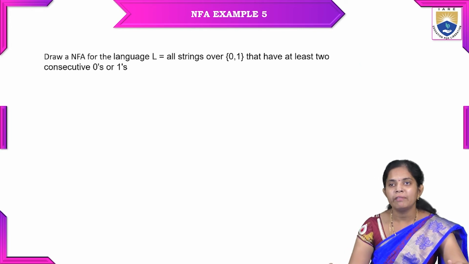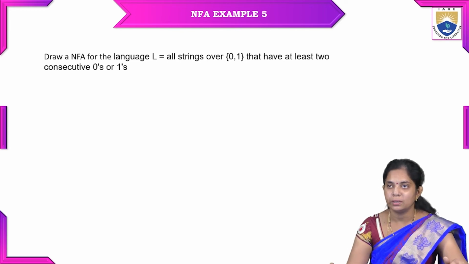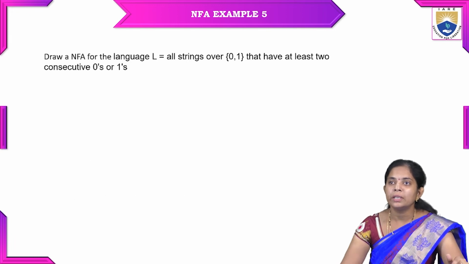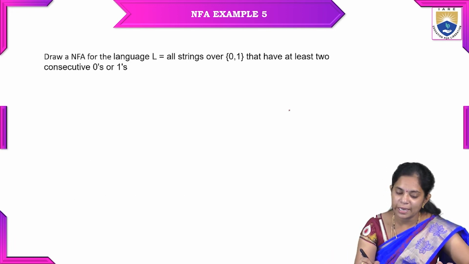Draw an NFA for the language L: all the strings over 0, 1 that have at least two consecutive zeros or ones. Here is the example with the construction. So we have to elaborate the language of consecutive zeros or ones.